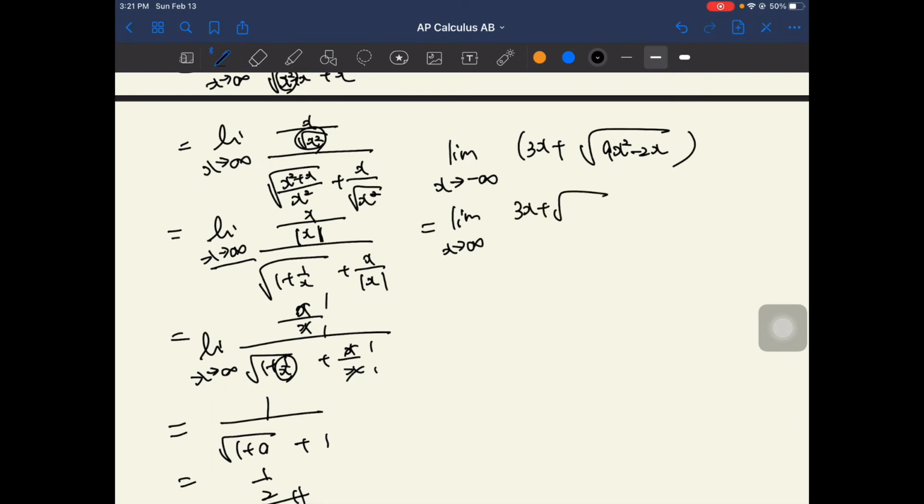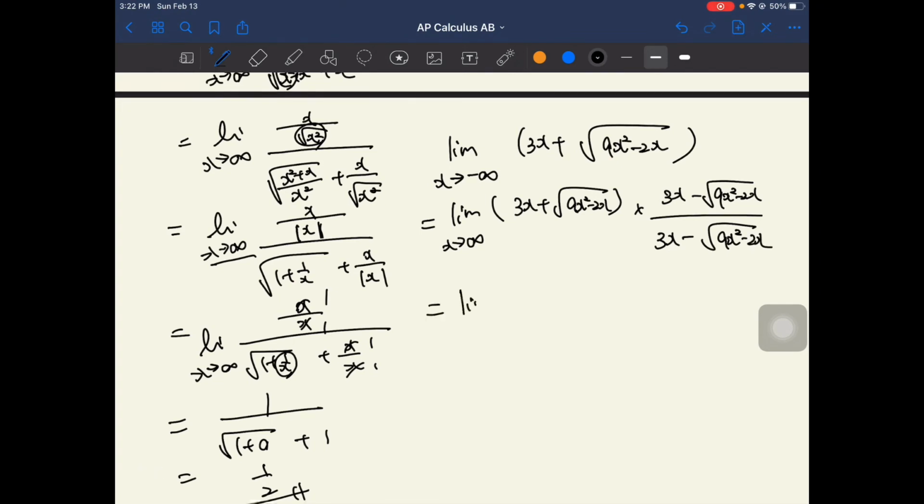The conjugate of this function is 3x negative square root of 9x squared negative 2x over the same thing. You cannot change the value. And limit x approaches negative infinity, 9x squared negative 9x squared plus 2x over 3x negative square root of 9x squared negative 2x. You can cancel it out.